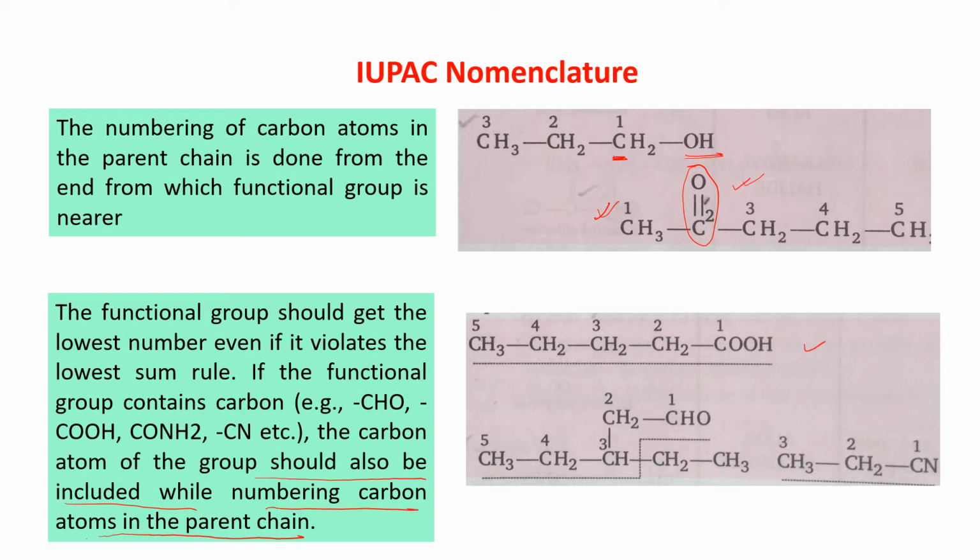See this one, this carbon atom is with the functional group, so this is also getting number 1. Okay, now this is one and this is one. Now in this chain, this CHO carbon is present, so this will get the number 1, 2, 3, 4, 5. Here also this CN, C is present, so it is getting the number 1, 2, 3 in this way. Am I clear?